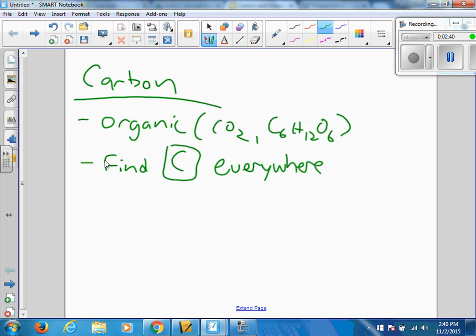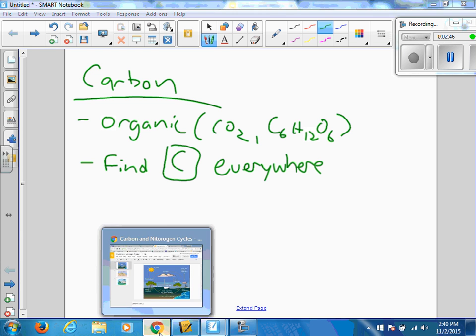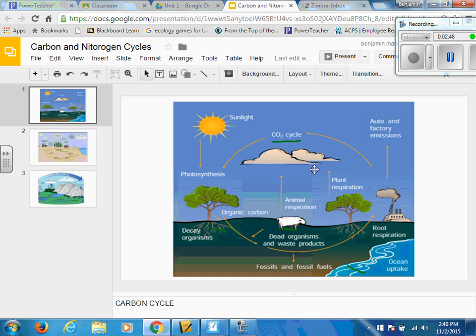We find it everywhere. And what we really want to pay attention to in regards to our class and what the SOL is going to ask is, how have humans impacted the carbon cycle, or what is our role in the carbon cycle? And I guess that is two separate questions. What is our role as humans in the carbon cycle, and how have we impacted it? So take a look at this picture here, and we see that we have a role.